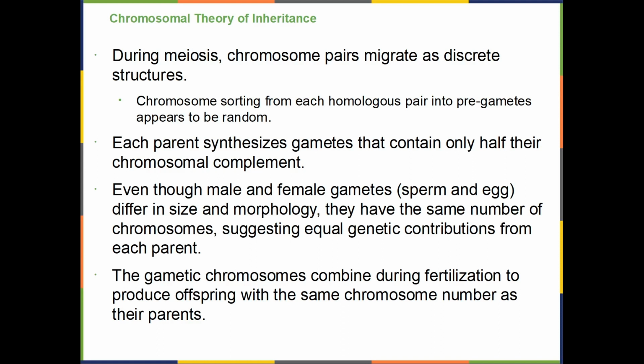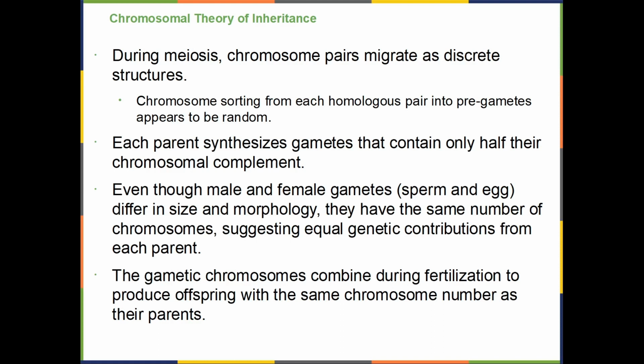Each parent synthesizes gametes containing only half the chromosomal complement. Even though male and female gametes, sperm and egg, differ in size and morphology, they have the same number of chromosomes, suggesting equal contributions from each parent. Gametic chromosomes combine during fertilization to produce offspring with the same chromosome number as their parents.